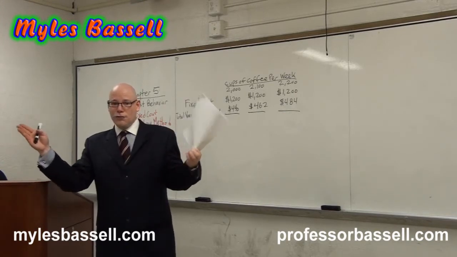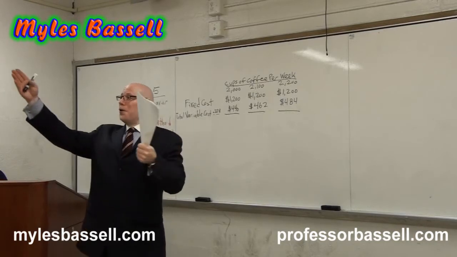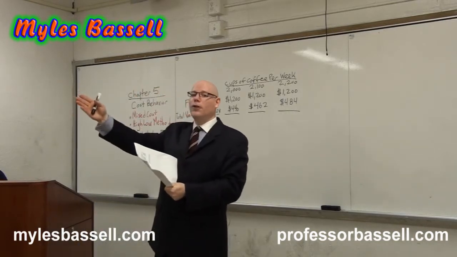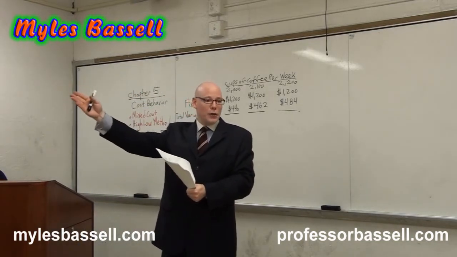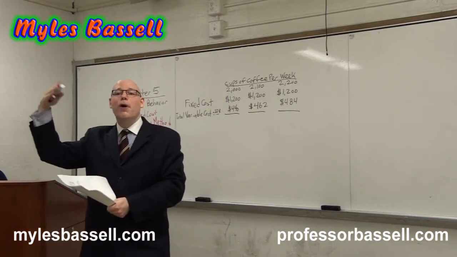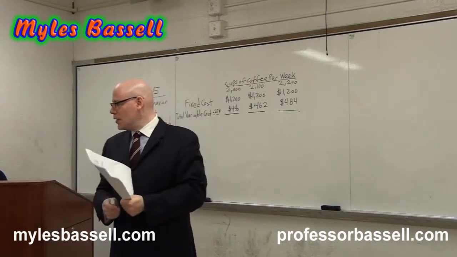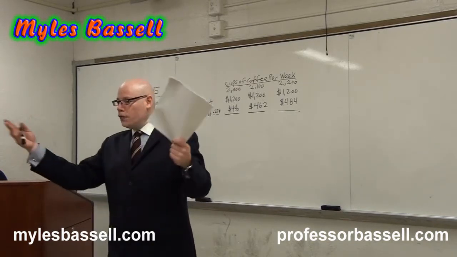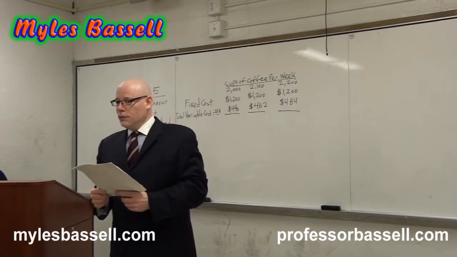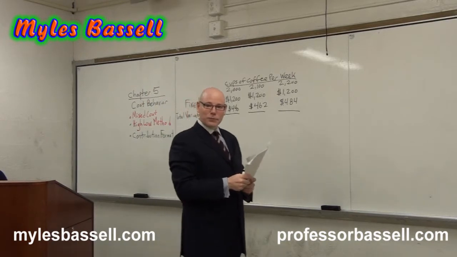Even for fixed costs, there's a relevant range. So we say the costs are fixed. Yes, the costs are fixed up until 25 million units. Why? Well, what's going to happen if we go above 25 million units? What could the implications possibly be that would change our fixed cost? What could happen after 25 million units?